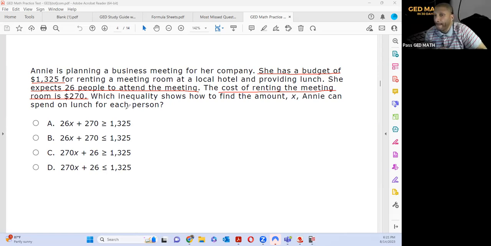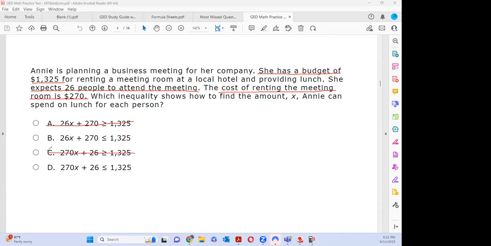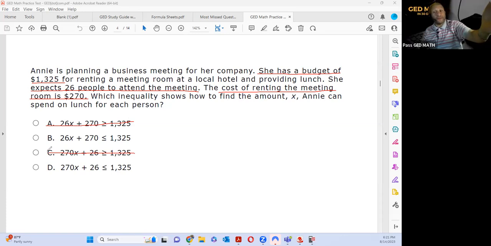Because if you have a budget of $13.25, it means you have to be less than or equal to $13.25, because that's all you have. So anything with greater than right away gets eliminated. Now, without even knowing how to do inequalities, you have a 50-50 chance to get this right.